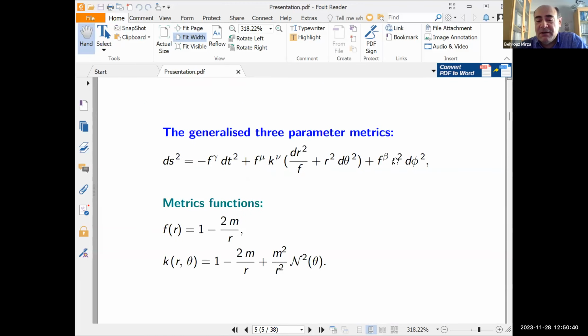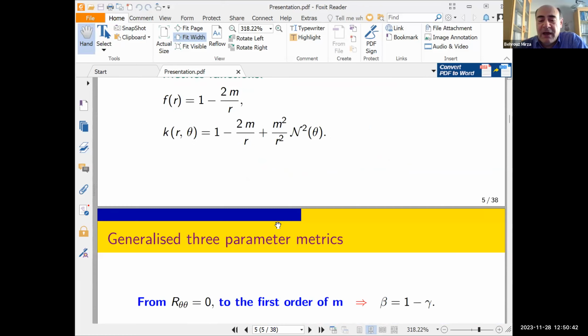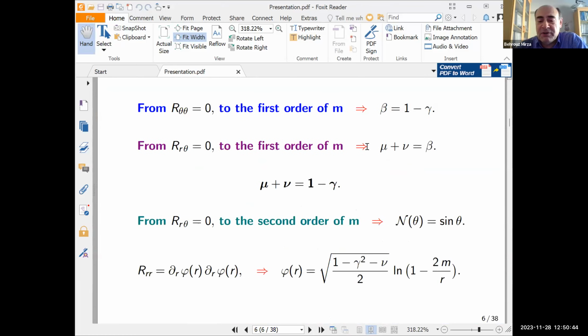Beta is in this metric. And using R theta, we find mu plus nu is equal to beta, where beta is 1 minus gamma. You see, this is a relation between these parameters. Therefore, we have only two independent parameters.